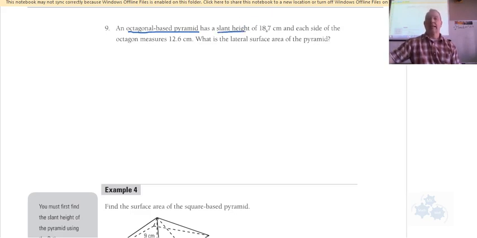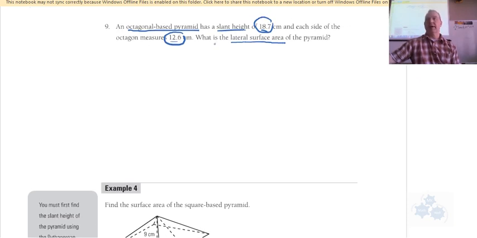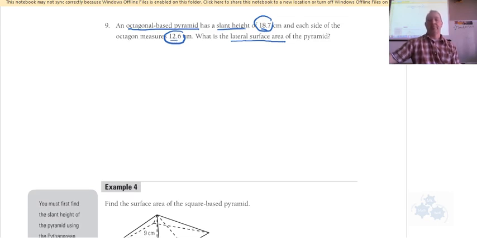Okay, so we've got a slant height of 18.7. Each side of the octagon is 12.6. What is the lateral surface area of the pyramid? You're going to have 8 triangles where this is the height, this is the base. It's going to be 8 times 1/2 times 12.6 times 18.7. Okay?